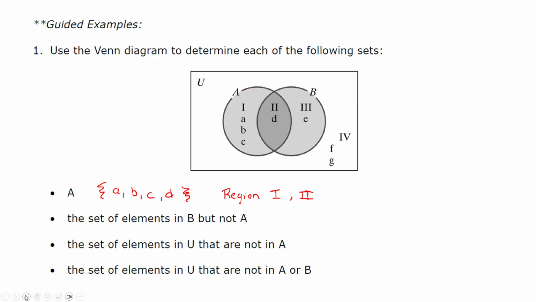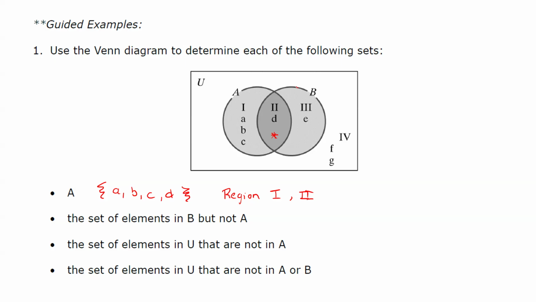Okay. So the set of elements in B, but not in A. So we know the middle here in region 2 is where A and B are in common.